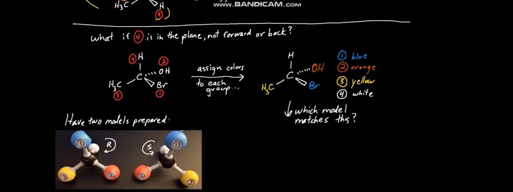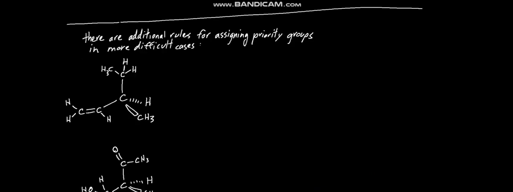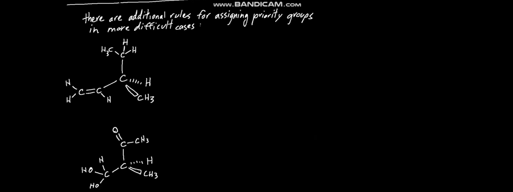But there are additional rules for assigning priority groups in more complex scenarios. This one here, we have a chirality center right there. Group 4 is easy to spot. Then you go atom by atom.